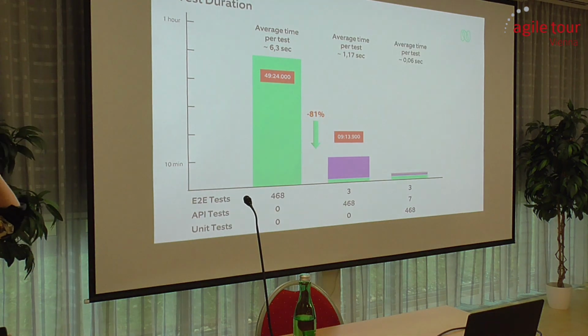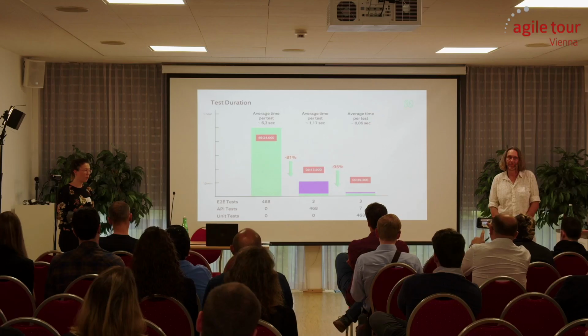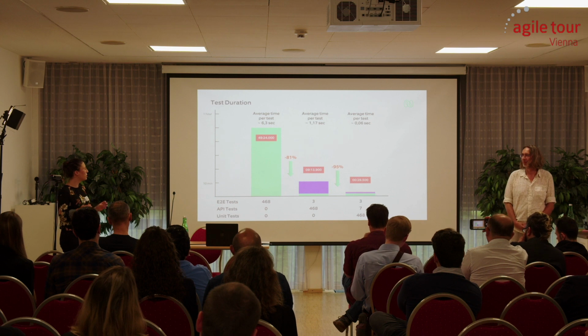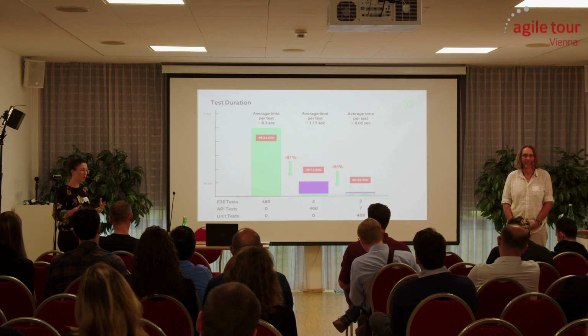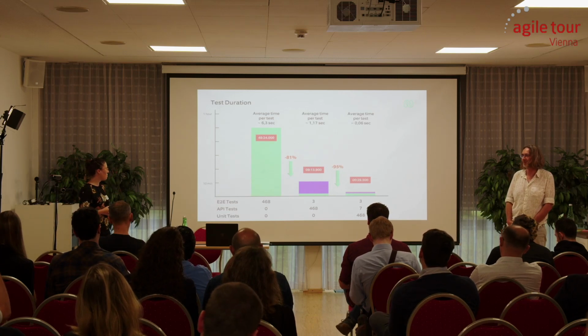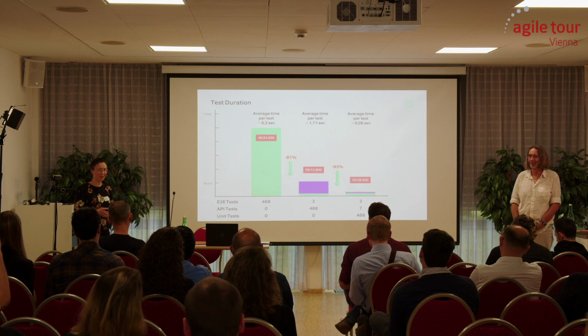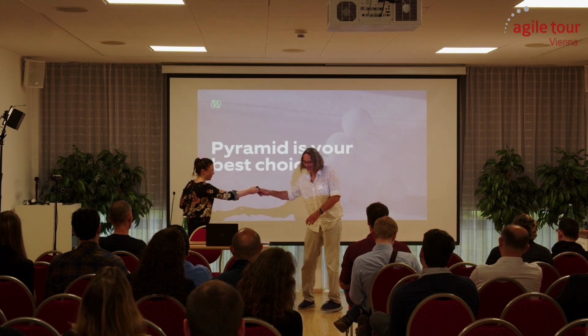And you can see in our last and final round with 468 unit tests, we could reduce the time to 30 seconds. And again, a reduction of about 95%. And we are testing absolutely the same thing in each of all the test cases. So there's no difference of coverage or anything else. And this is the huge amount of 468 tests. The pyramid is our best choice. It's the best choice.